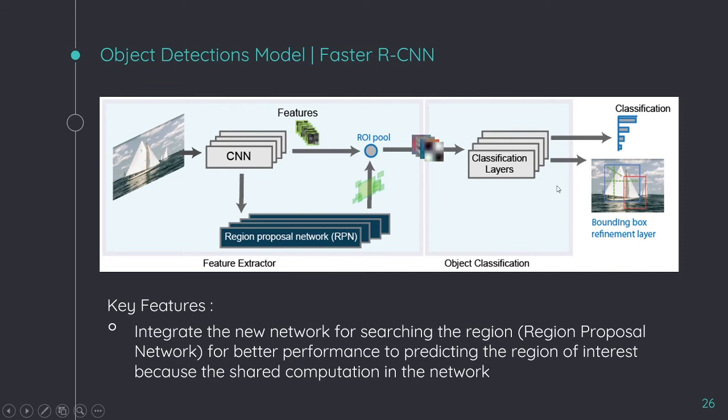So the output will be the object class and the object bounding box. This one is interesting because there is a new network that does the searching for the region, which can improve the performance of predicting the region of interest because they share the same computation in the network.